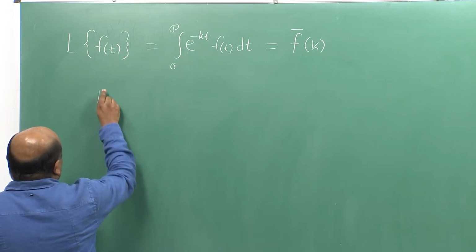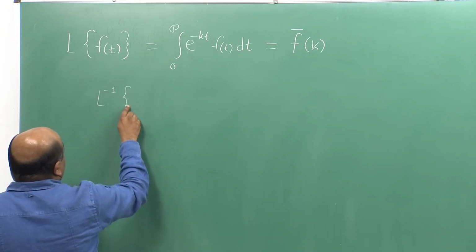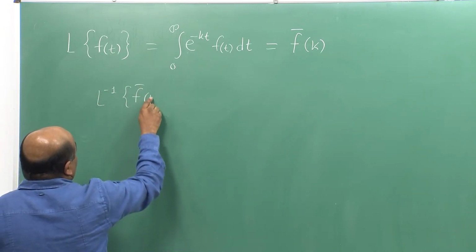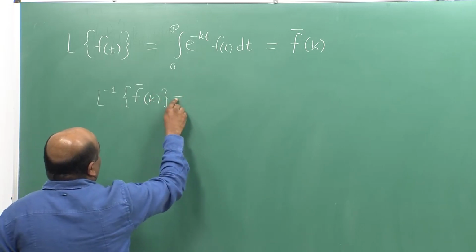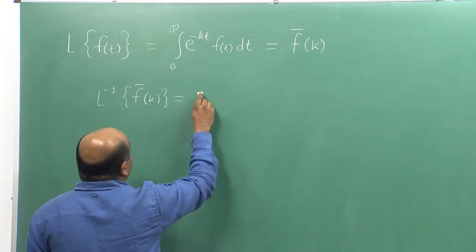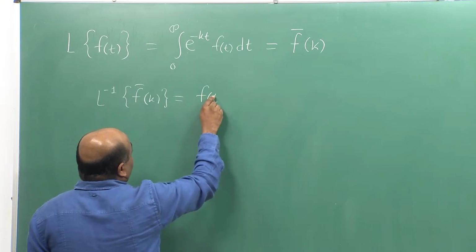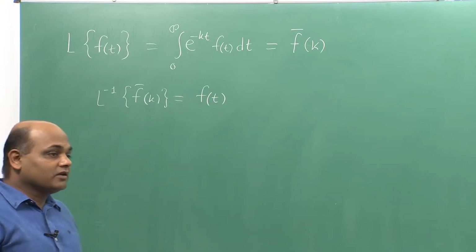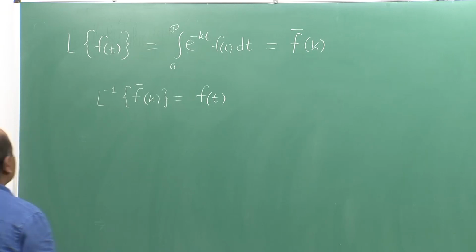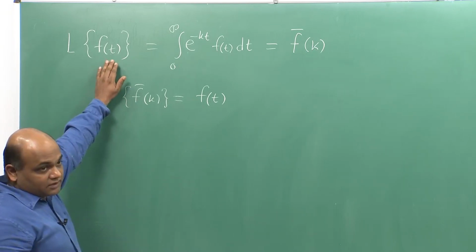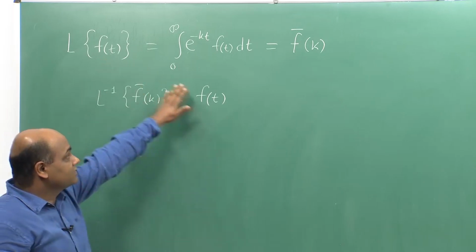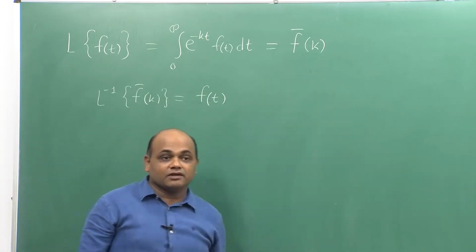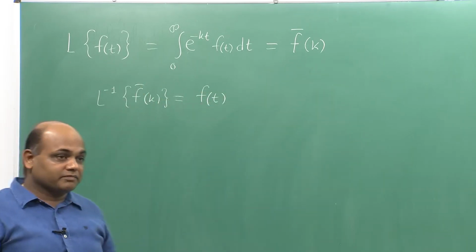We write L inverse of f bar of k is equal to f of t. So, basically the function which was initially a function of time, by taking Laplace transform, we are making it independent of time, independent of t.